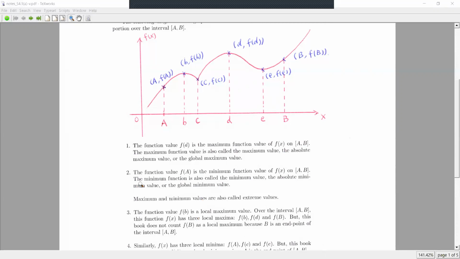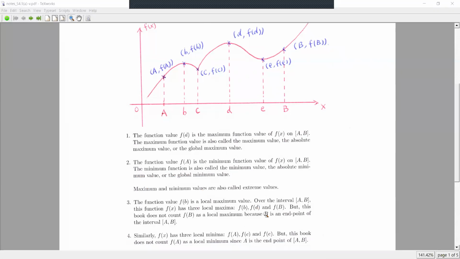Similarly, in this book, the minimum function value is also called minimum value, absolute minimum value, or the global minimum value. Then what are extreme values? Maximum value and minimum value are also called extreme values.